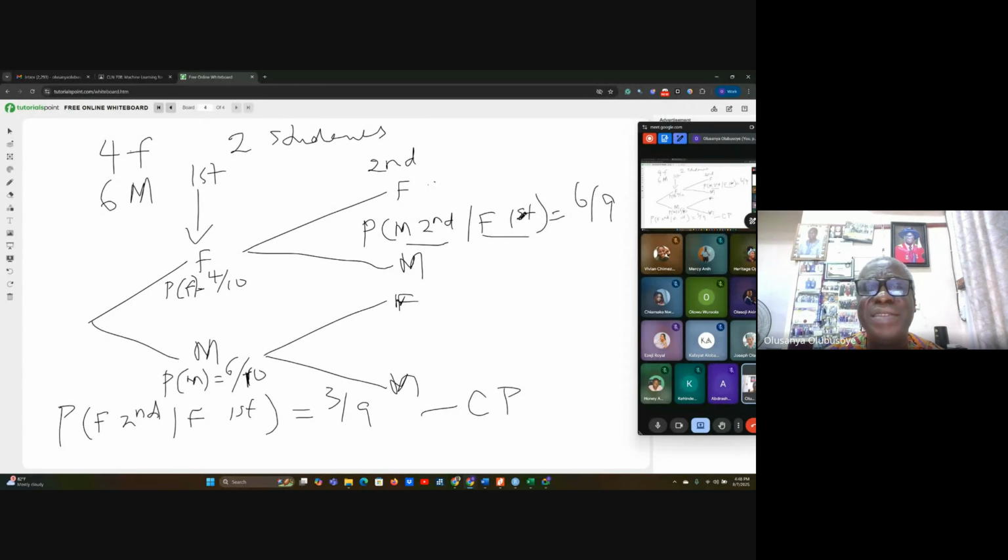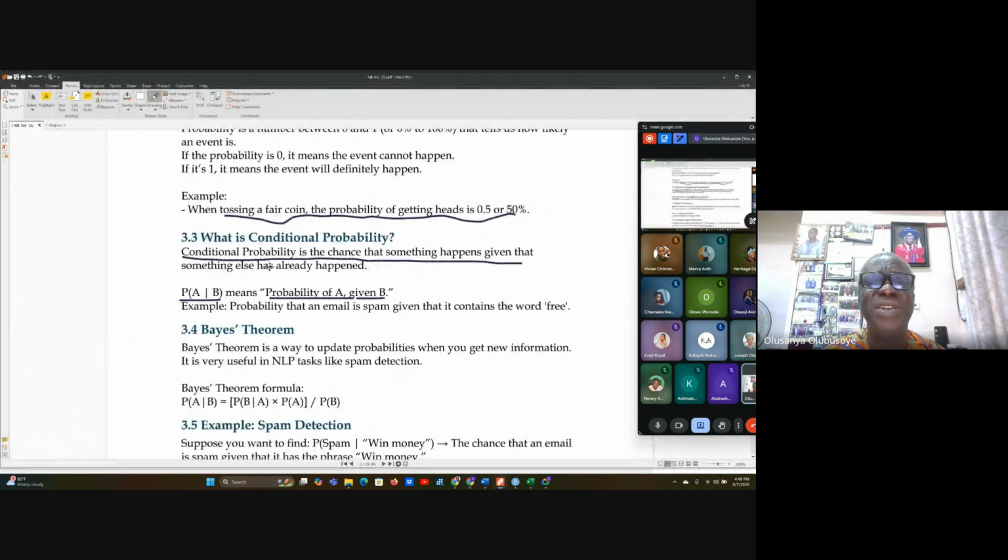So we are interested in what is the probability of male. So the concept of conditional probability is simply measuring the chance of an event occurring, given that an event has occurred.